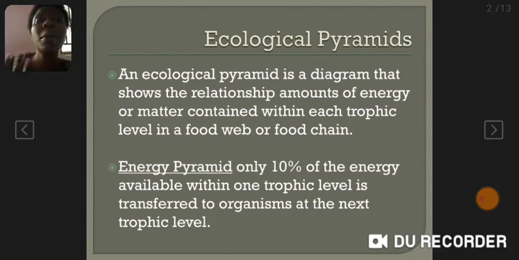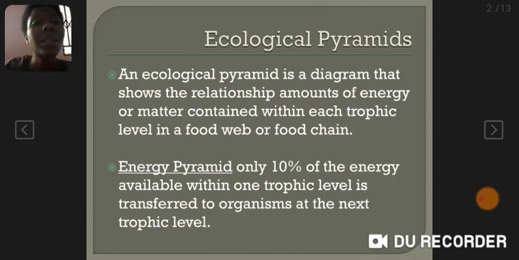So ecological pyramids will now join all this together to be defined as an illustration that shows you the amount of energy, number of organisms, as well as total amount of matter contained in these organisms at each trophic level of the ecosystem. All right, so that's what an ecological pyramid is.